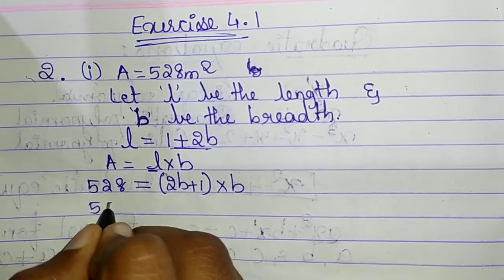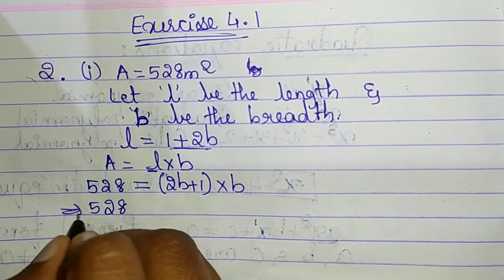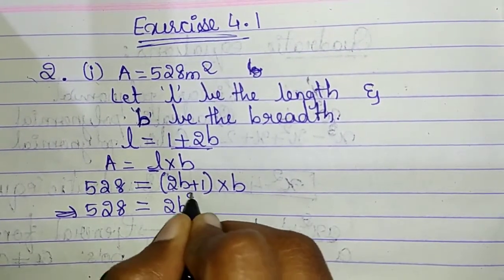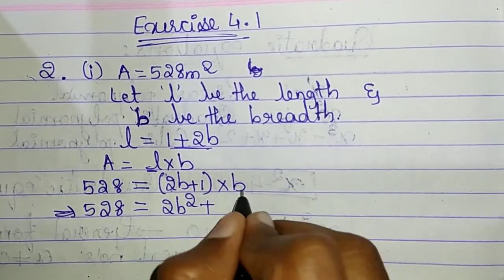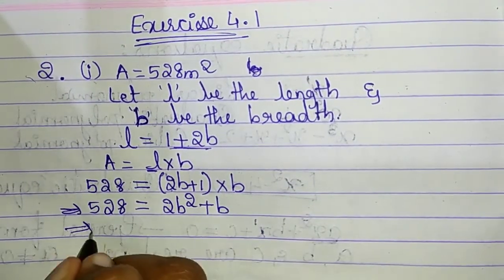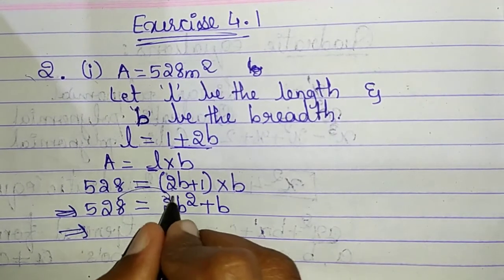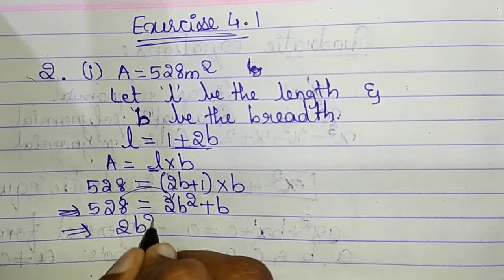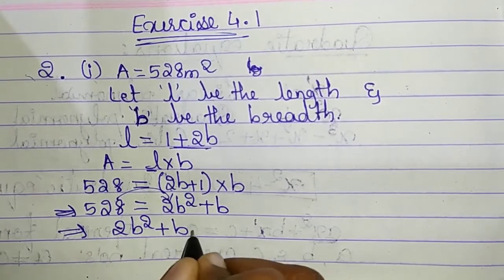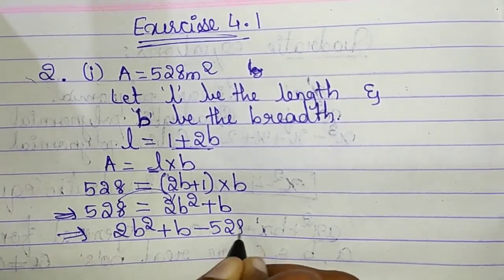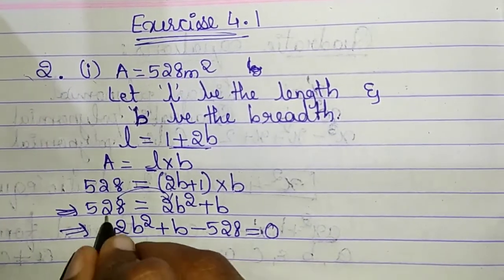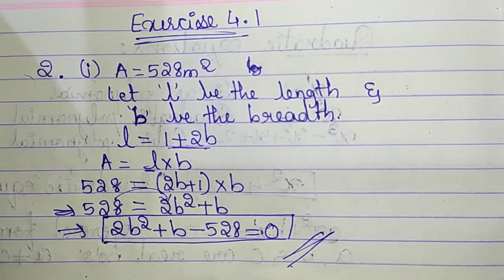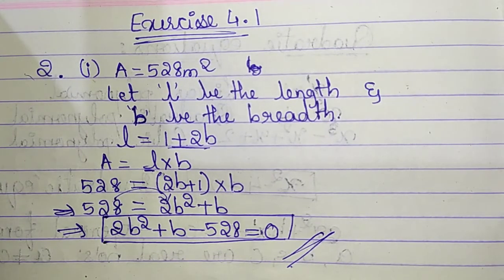So 528 = 2b into b, 2b^2, plus 1 into b, b. Transposing everything to LHS and rewriting, we get 2b^2 + b - 528 = 0. This is the required quadratic equation from the given situation.